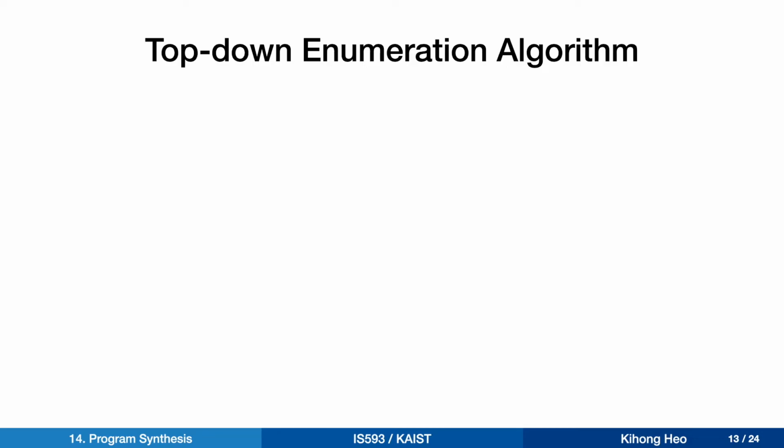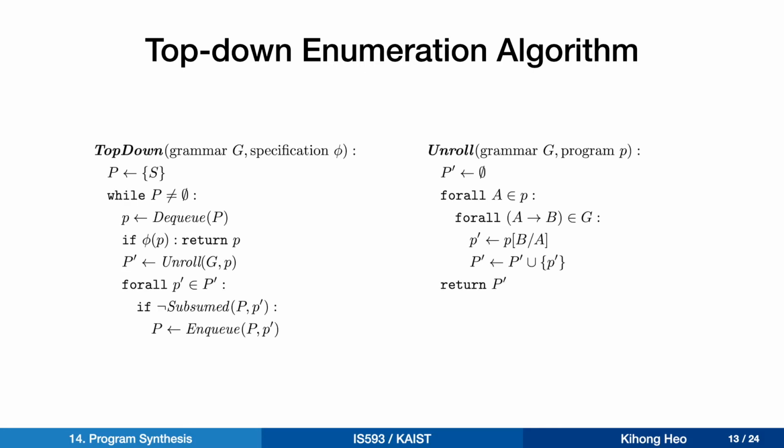So here is the top-down enumeration algorithm. Given a grammar G and a specification pi, which in our case is the input-output examples, it starts from the starting symbol here and enumerates all possible candidates.